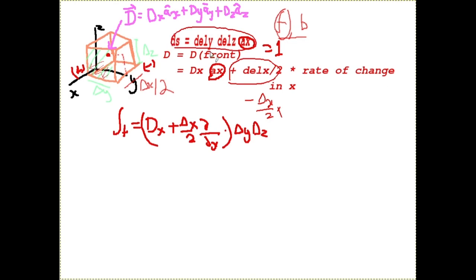It will remain the same, delta y delta z, but the direction will change. So I can write it as delta y delta z with minus a_x cap.